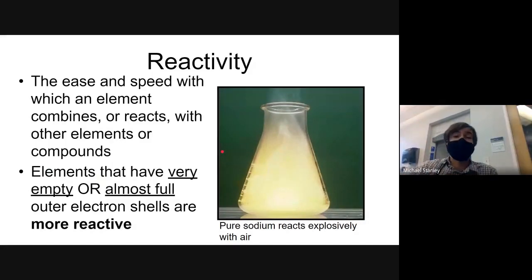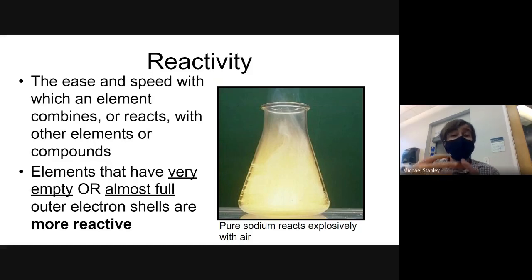But how easily atoms share or give away or take electrons is called their reactivity. We talked about reactivity a little bit when we were talking about chemical properties. I mentioned that how reactive an atom or a chemical is one of its chemical properties.